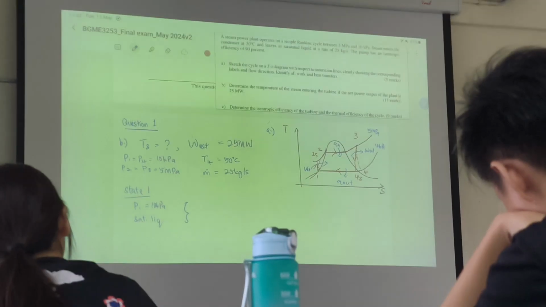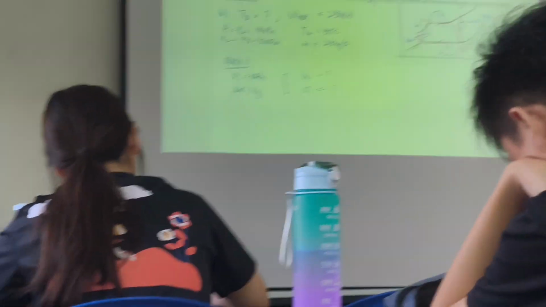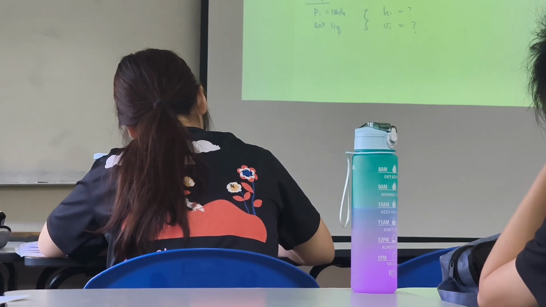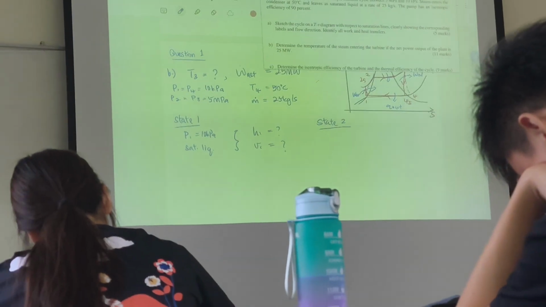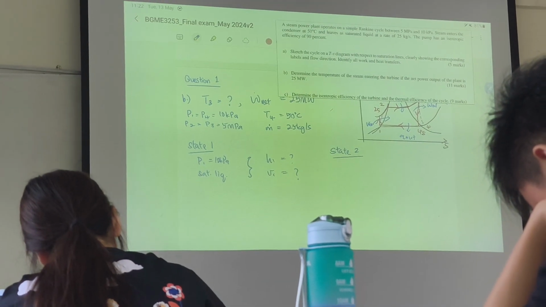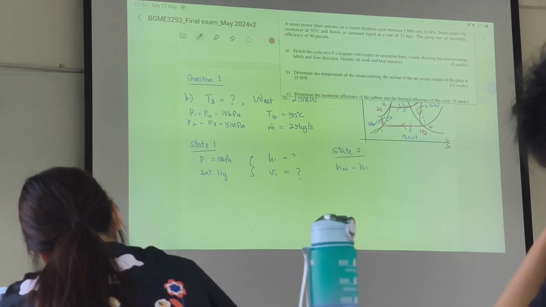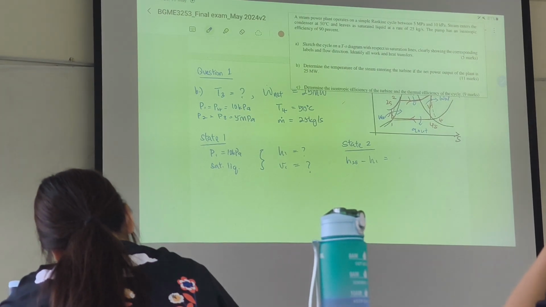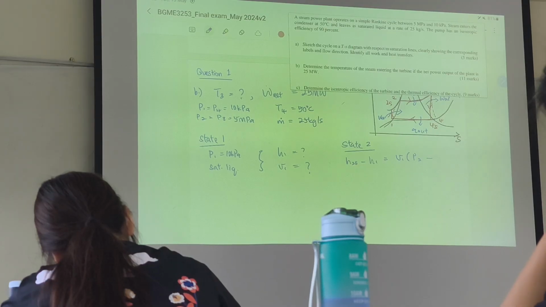Okay. So P1 is 10 kilopascal, saturated liquid, so we can also find v1. Right, then after that, we can move on to state 2, where h2s minus h1 is equal to v1 times P2 minus P1.